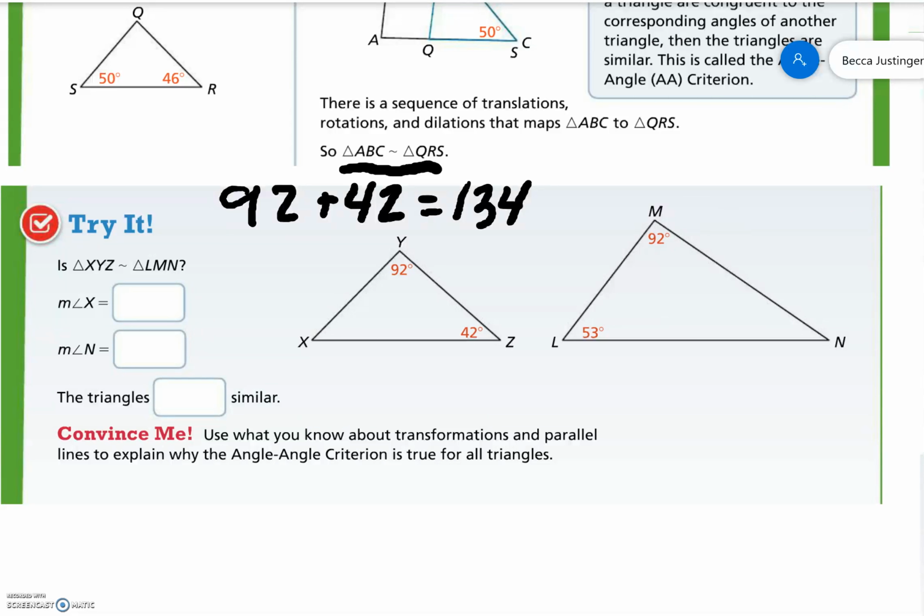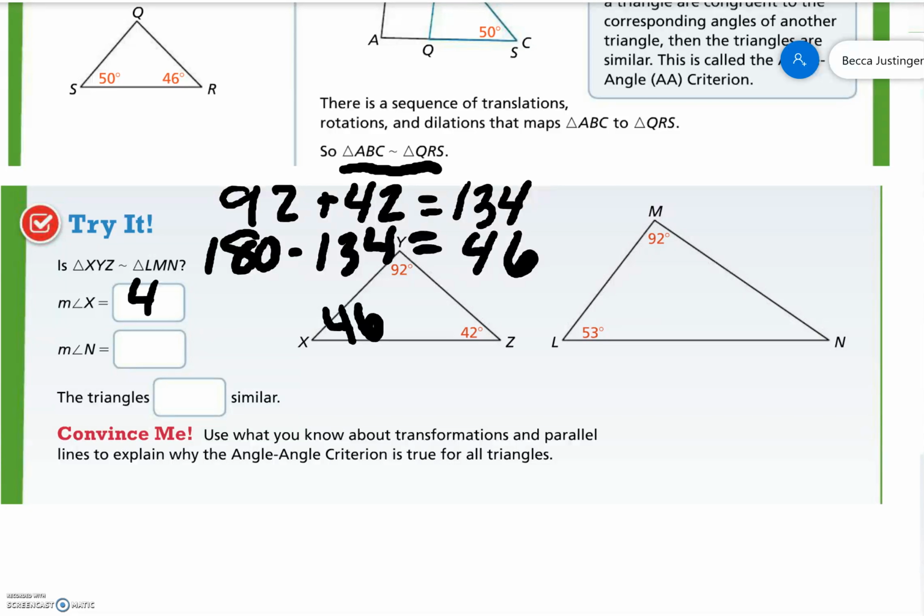That's not the third angle. The third angle, I still have to subtract from 180. 180 minus 134 is equal to 46. So the measure of angle X is 46.